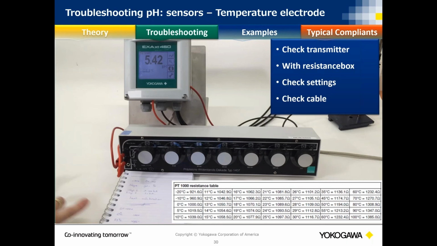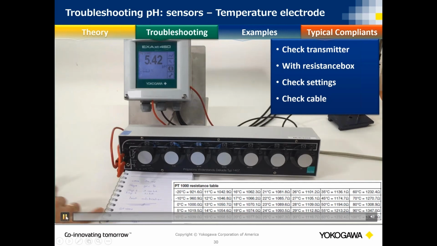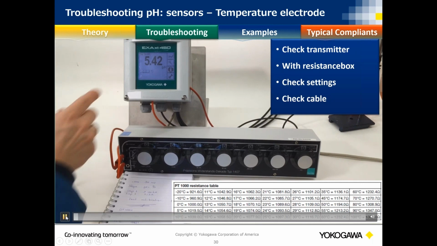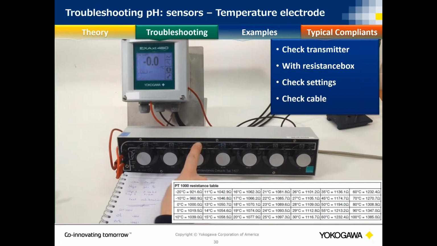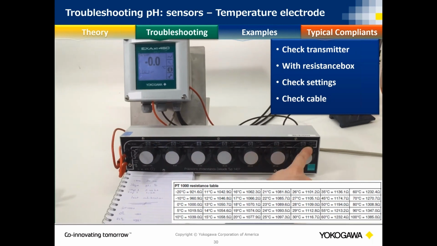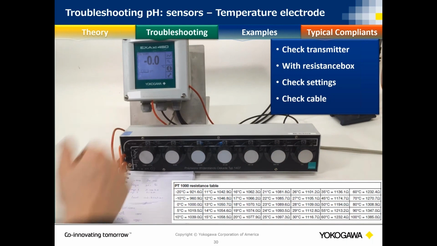Okay. One thing that's like the last thing people think to check: your system has a temperature electrode, and remember, temperature is in the pH calculation. So if the temperature portion of your probe is not working, you're going to get errors in your pH measurement. A lot of places have resistance boxes, and there are chart values out there that say this much ohm resistance is equal to this much temperature reading.